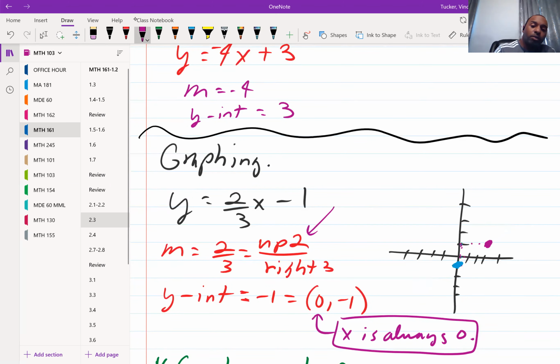That means I'm going up 2 and then right 3. Both of my numbers are positive. And if -1 is a y-intercept, remember we talked about y-intercepts last class, as a coordinate, that's 0, -1. And that's always going to be the case for whatever this number is. It is your y-intercept, so the coordinate of that is going to be 0 and that number.